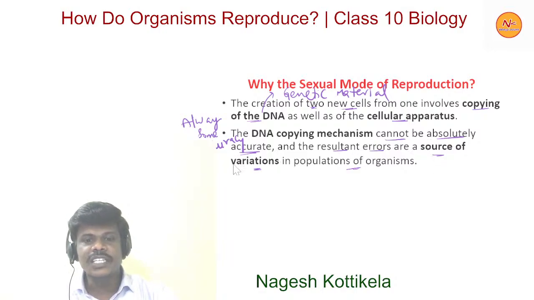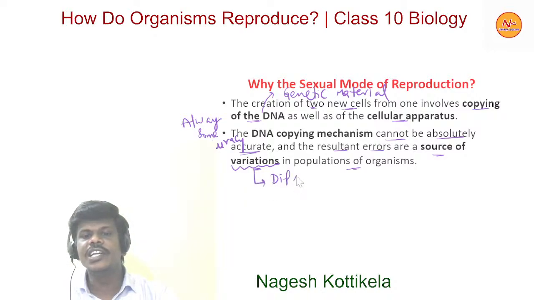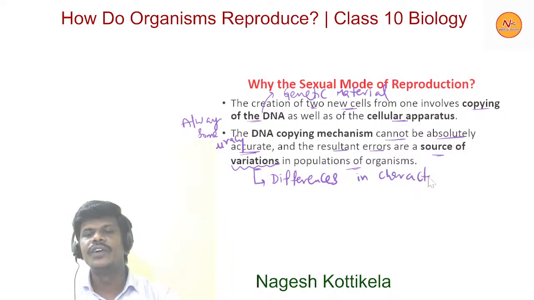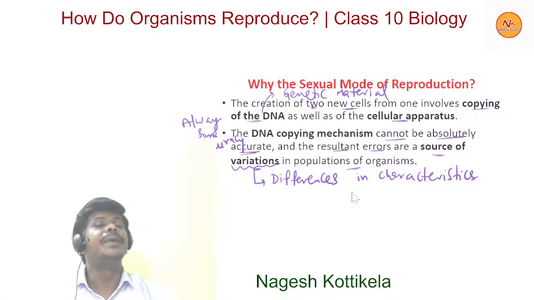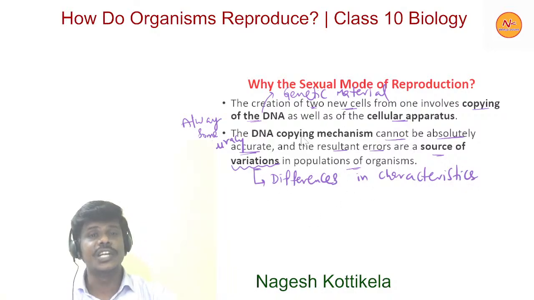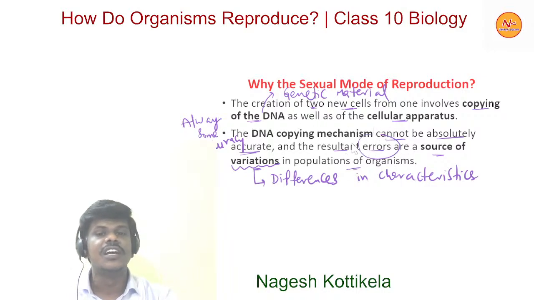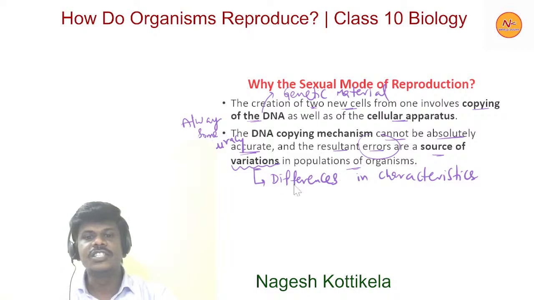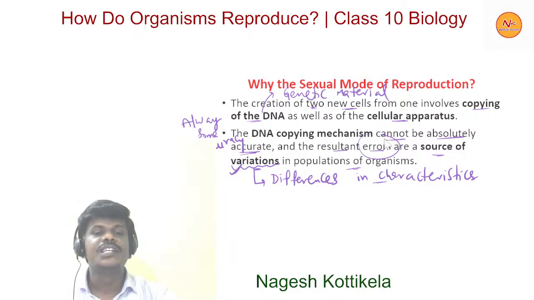These variations are the differences in characteristics of living organisms. Because of the errors seen during DNA copying, these differences in characteristics are found in living organisms, and these differences are nothing but the variations.